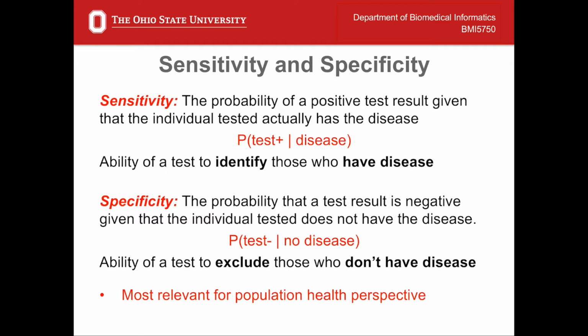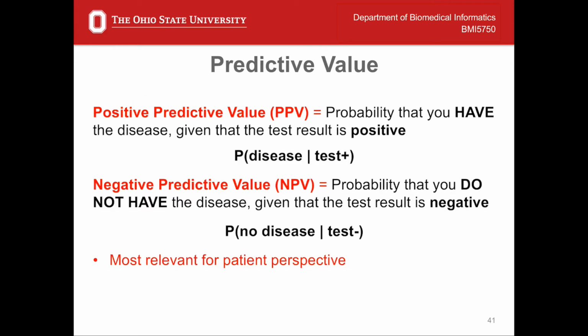Sensitivity and specificity are the most relevant from a population health perspective. Positive predictive value is the probability that you have the disease given that a test result is positive. On the other hand, negative predictive value is the probability that you do not have the disease given that the test result is negative. These two values are most relevant from the patient perspective.